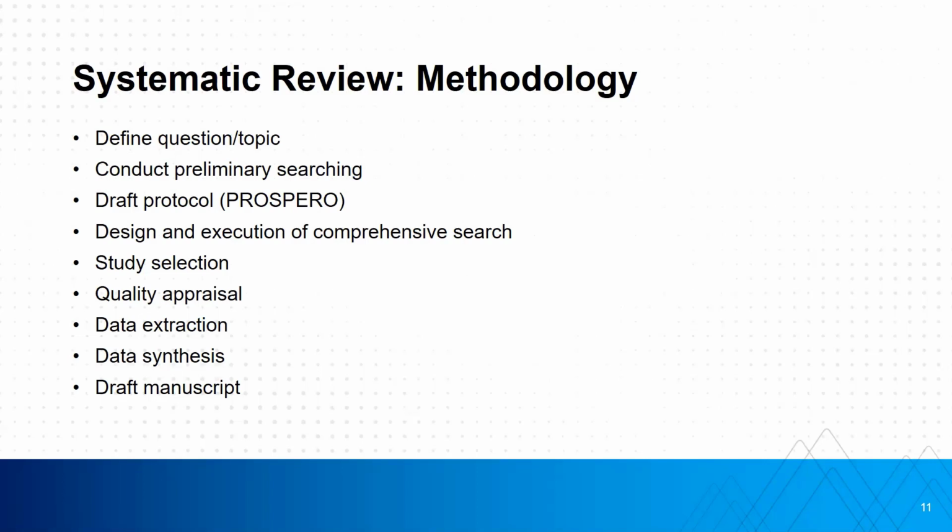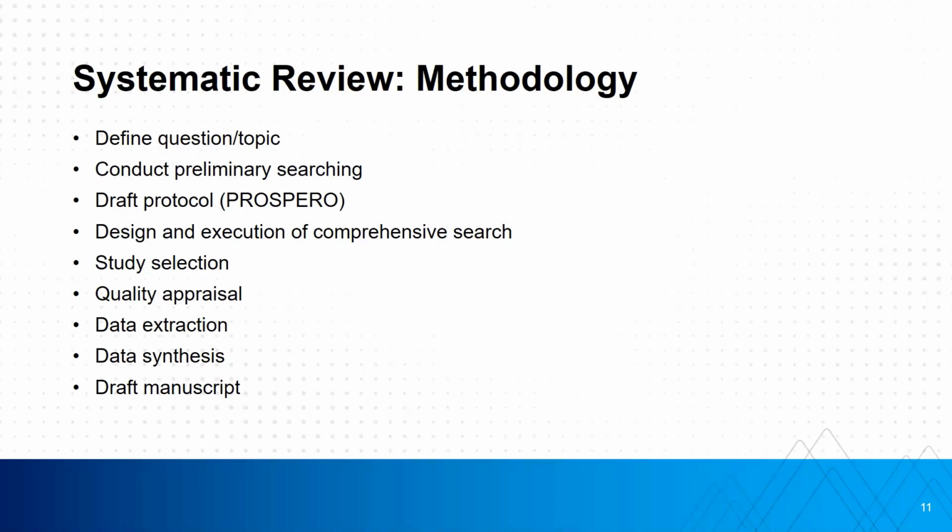And you are going to think about your eligibility criteria and include or exclude those articles based on that criteria. If they seem to fit your inclusion criteria, they will move on to the next stage of the study selection process, which is full text screening, which means, once again, as it sounds, you're going to read the full text of those articles and determine whether they fit your eligibility criteria.